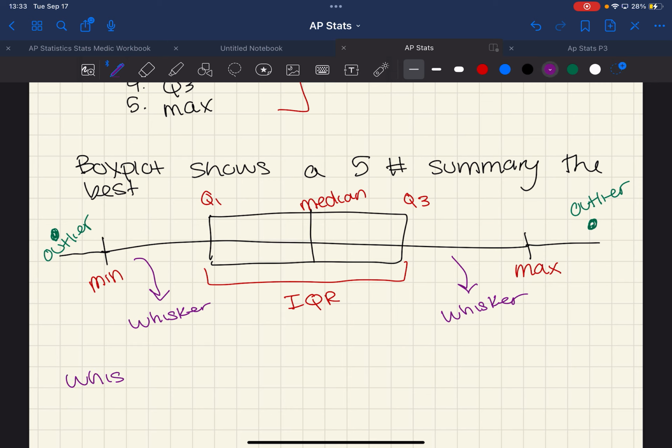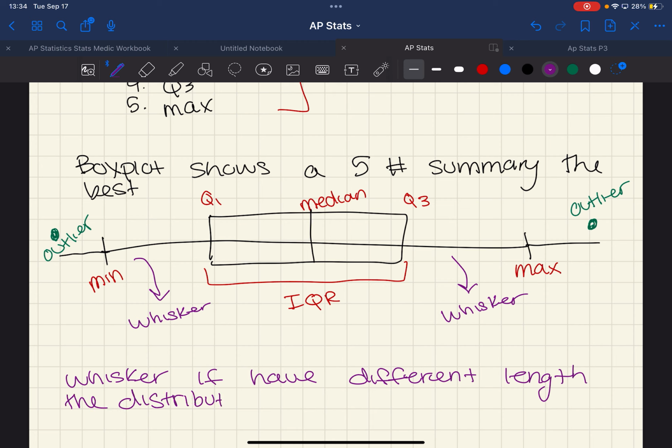So if whiskers have different length, then we know that the distribution is skewed on the longer whisker's side.